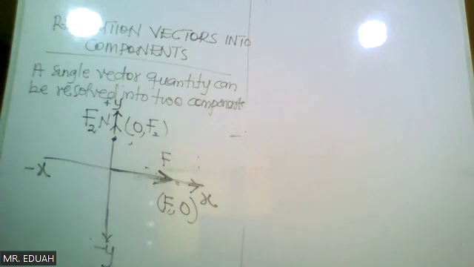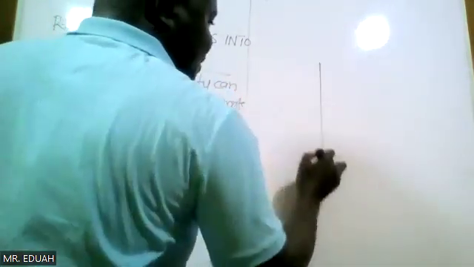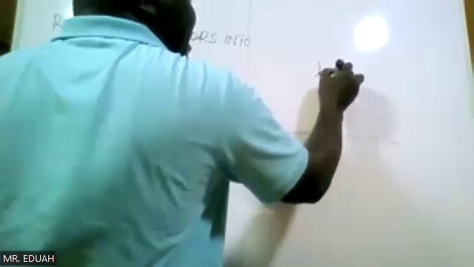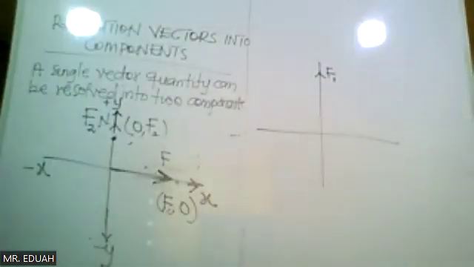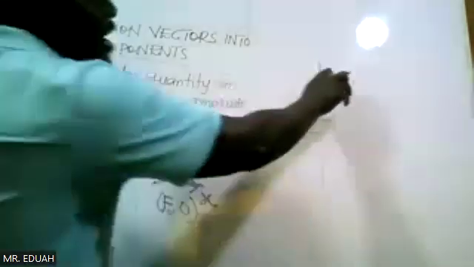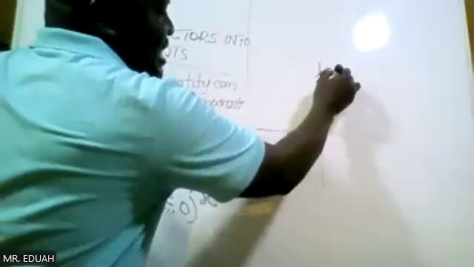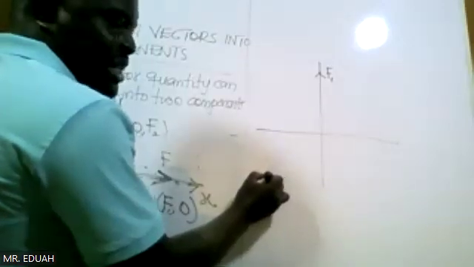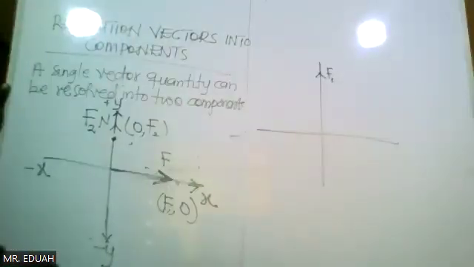So, I have this vector. F1 lies on the vertical. The fact that it lies on the vertical means that it makes an angle of 0 degrees with the y-axis.